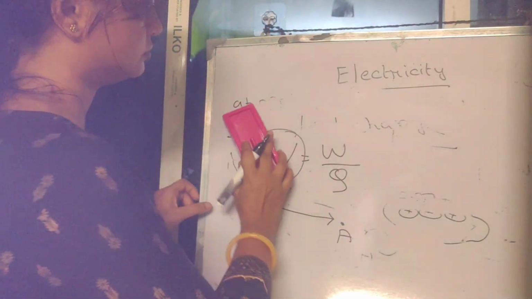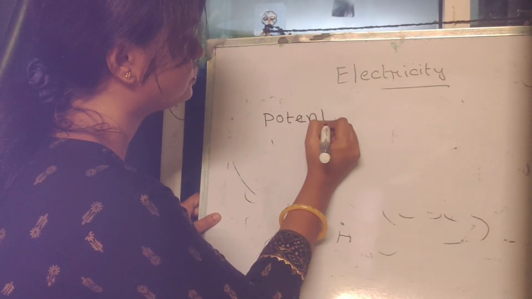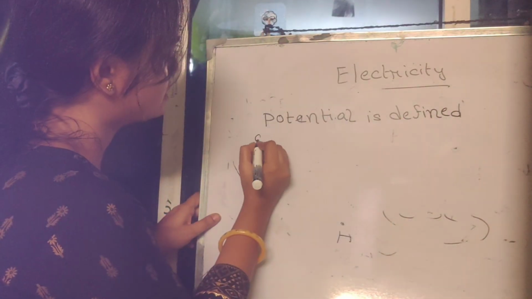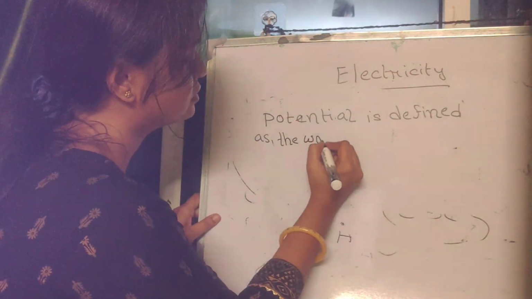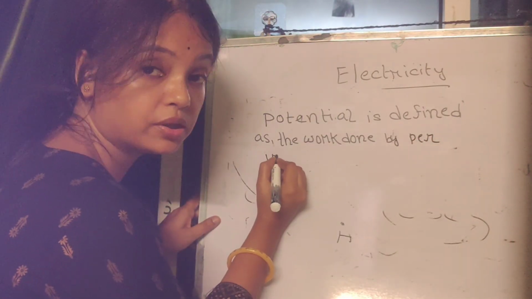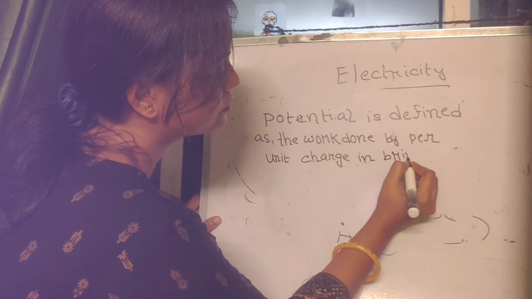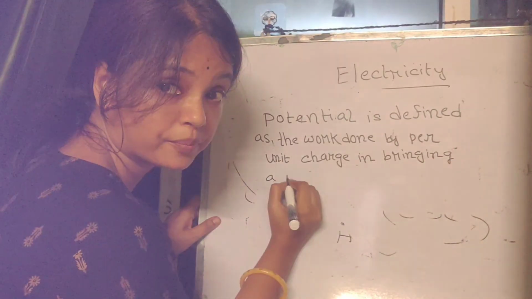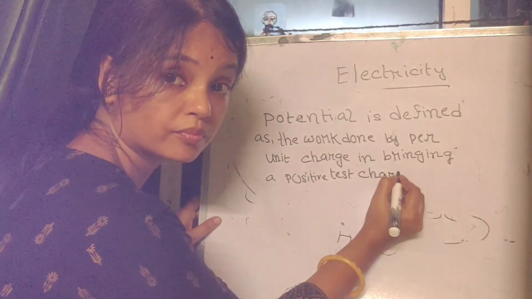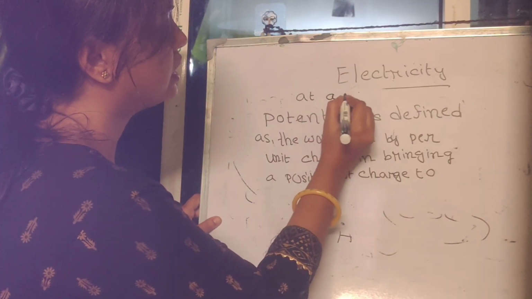Now we can write this. Potential is defined as the work done per unit charge in bringing a positive test charge to a point.